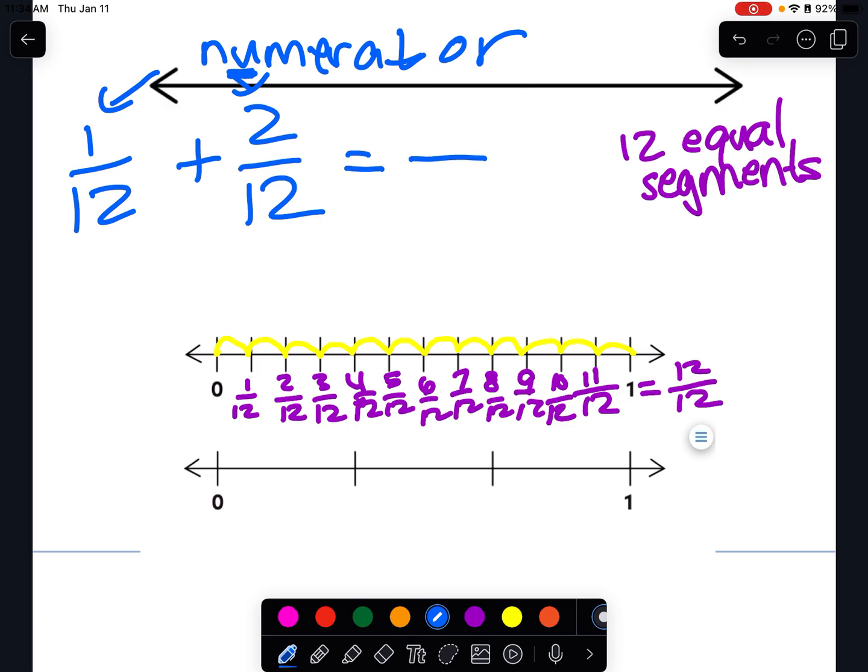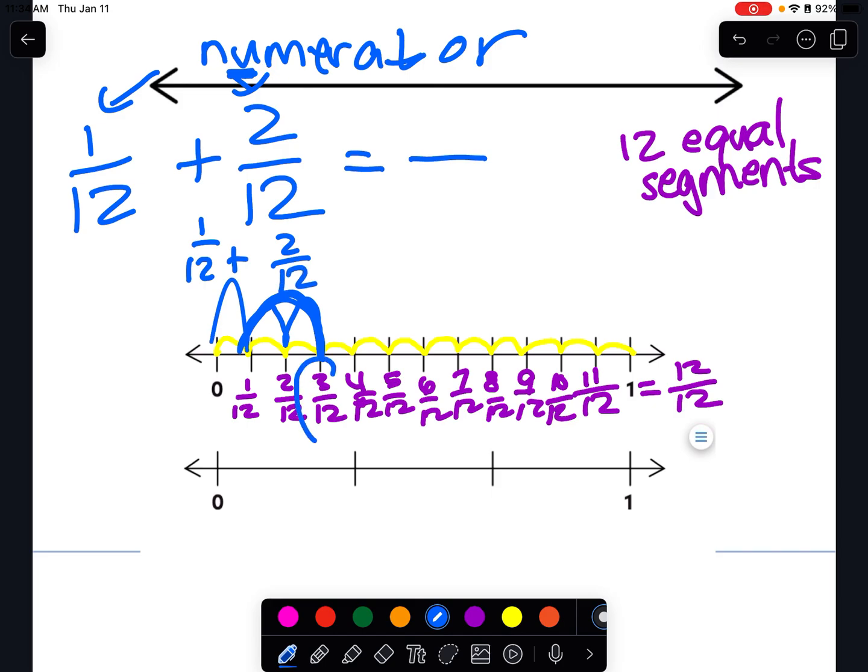Anyway, so we're going to add this up, guys, okay? Let's stick with blue. So it says to do 1/12. So I'm going to hop over here with one rainbow jump to the 1/12 mark. And then I have to add 2 more 12ths. That's 2 more jumps. 1, 2. So we've jumped 2 here. 1/12 plus 2/12.